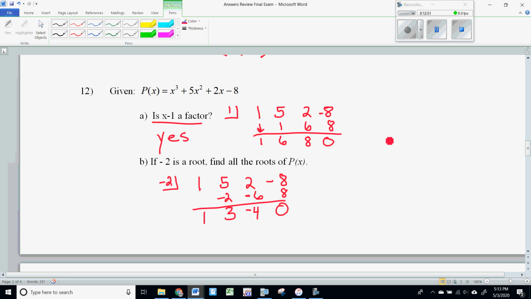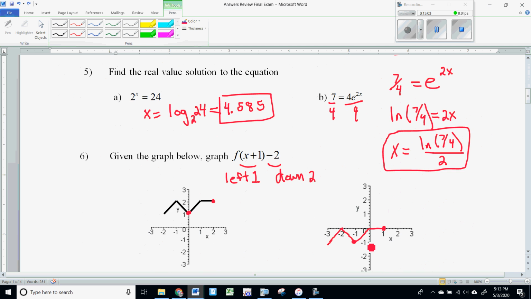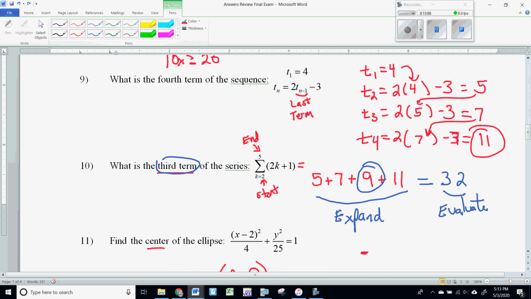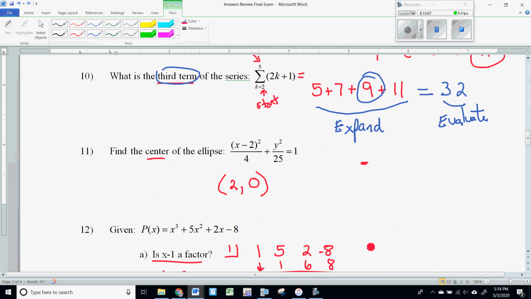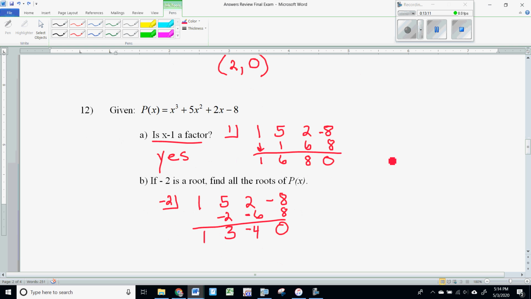So if I'm looking for my roots, from number 1, I knew that 1 was a root. I also know that negative 2 is a root.